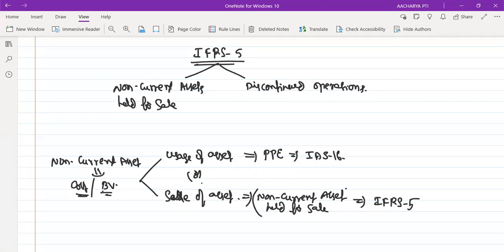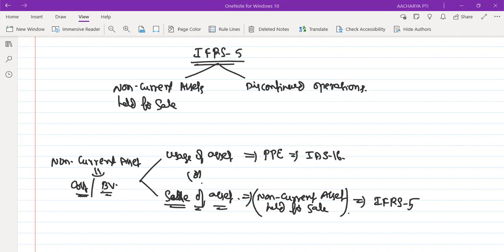So a non-current asset held for sale is nothing but a non-current asset whose carrying amount is recovered only by sale, and then we classify that non-current asset as held for sale.